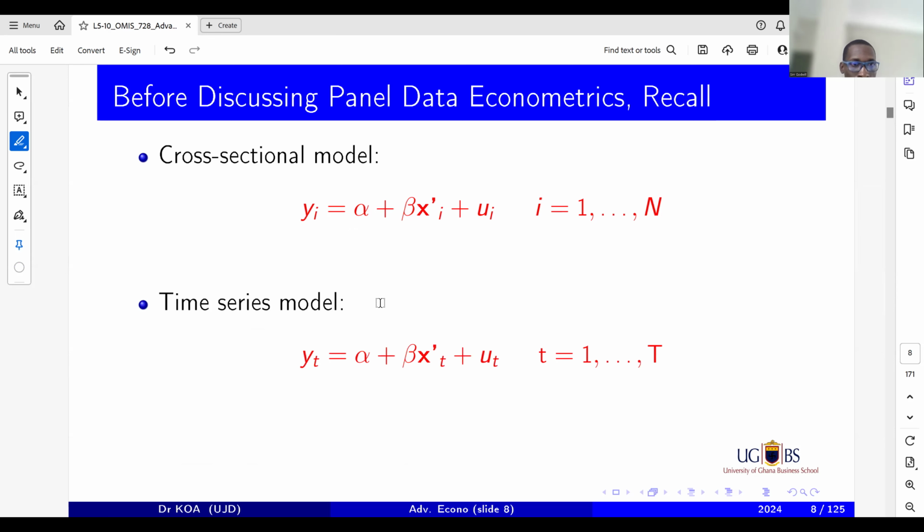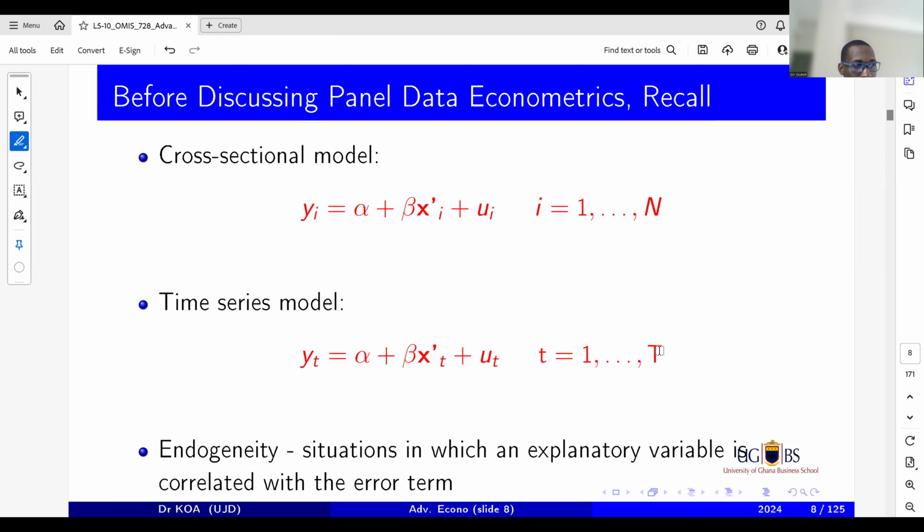In time series, the difference is that you have a subscript of t following the individual variables, whether it's a dependent or independent variable. You have a time of t, and the time is from 1 to T, where T is the total number of time periods. A panel is a bit different. The issue about endogeneity can be present in all of this too.